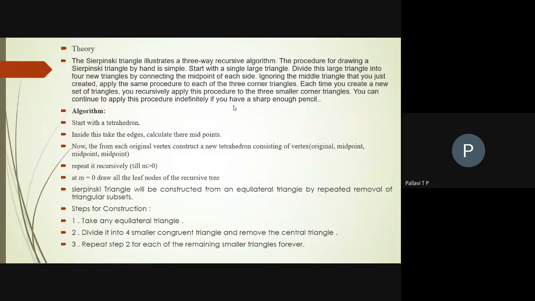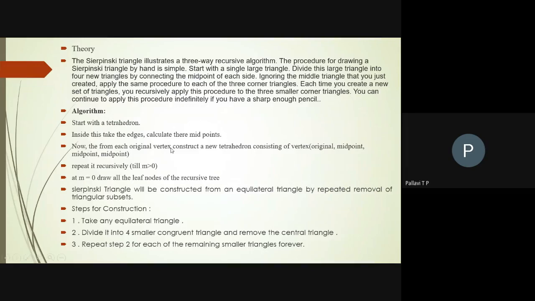We find the midpoints. Now, from each original vertex construct a new tetrahedron consisting of that vertex and the midpoints we found. We use those new vertices to join and create the triangles.